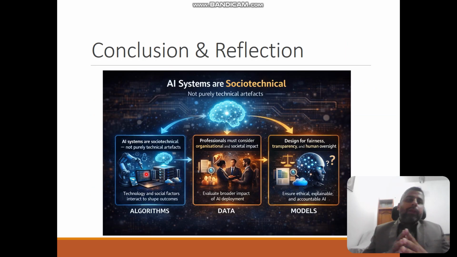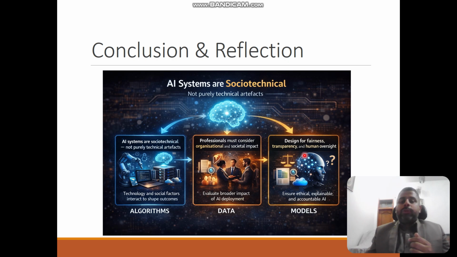So the conclusion is, AI systems are socio-technical systems. If you want your AI system to work, it should be a socio-technical system. It should have knowledge about algorithms, data, and models. But in data, the profession must consider the organizational and social impact as well.